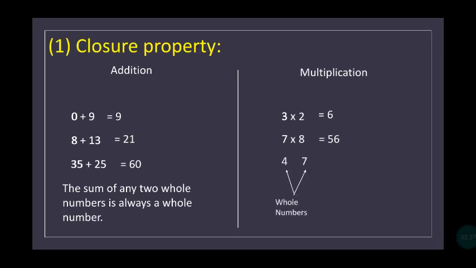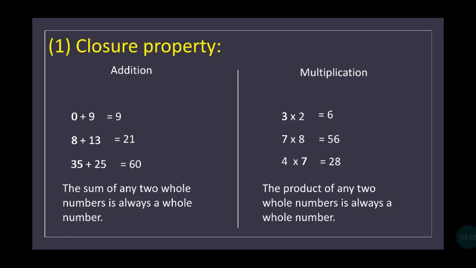Let's see another example. 4 and 7, both are whole numbers. Multiply it. 4 multiplied by 7, answer will be 28. Again it is whole number. So it is true for multiplication also. That means if we take any two whole numbers and if we multiply the two whole numbers, answer will be always a whole number.